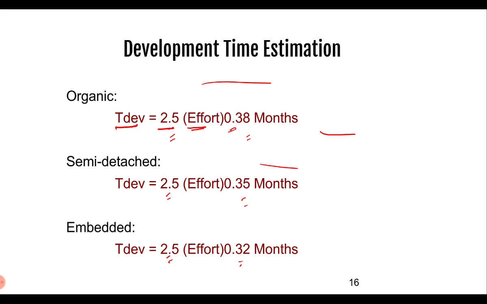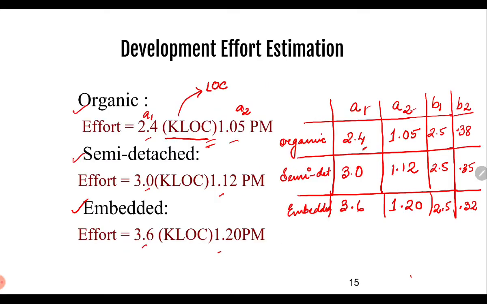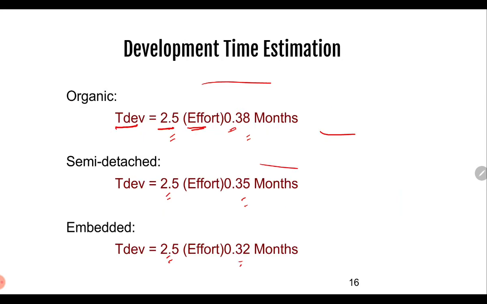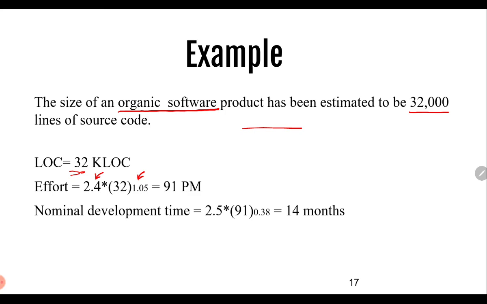And we will be using 2.5 and 0.38 after calculation of the effort. So 2.4 into 32 to the power 1.05 is equivalent to 91 person-months. Then we have nominal development time as 2.5 into 91 to the power 0.38, which is 14 months. So these two are the development effort and development time respectively.